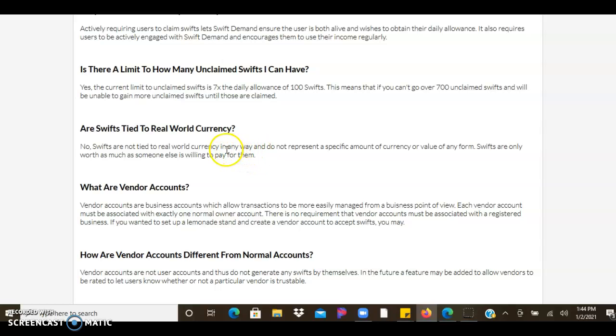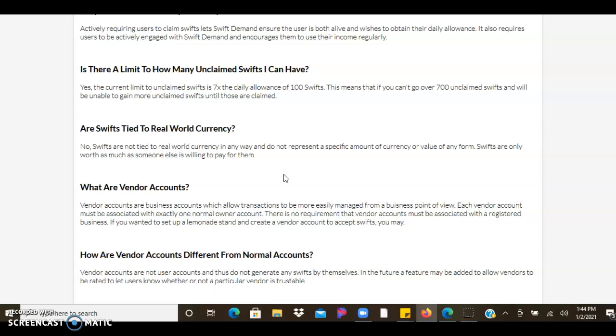So if you look at this, it says, are SWIFT tied to real world currency? Now, if you read this, it tells you no, SWIFT are not tied to real world currency in any way and do not represent a specific amount of currency or value of any form. SWIFT, now this is the most important part. Read this right here. SWIFT are only worth as much as someone else is willing to pay for them.